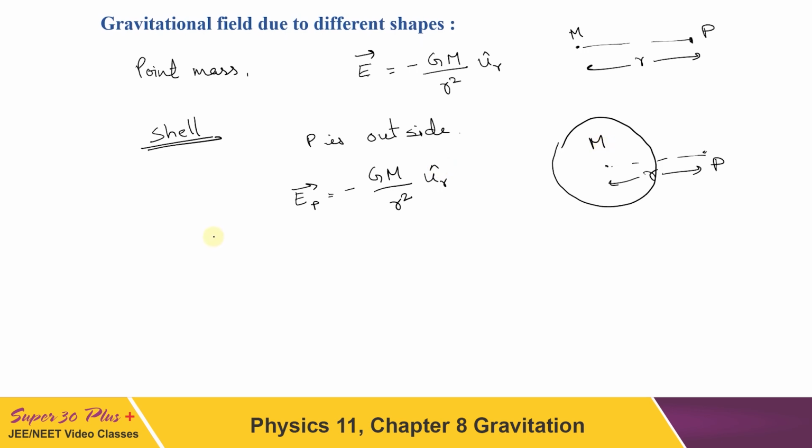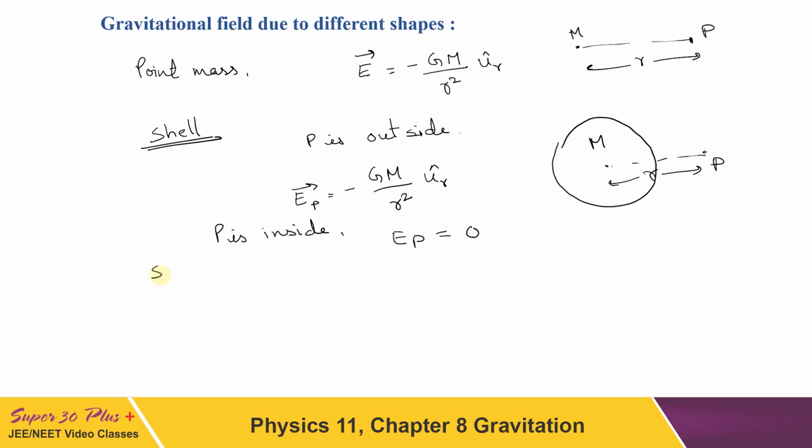Another case we have to consider is when P is inside. So if P is inside, then intensity at P has to be equal to 0. So this is the behavior of a shell. Now consider the case of a solid sphere. Again, a solid sphere can be assumed as made up of a number of spherical shells.